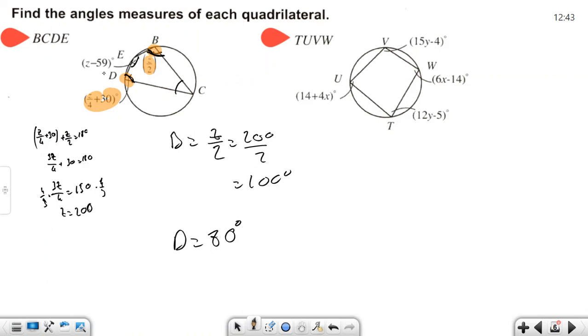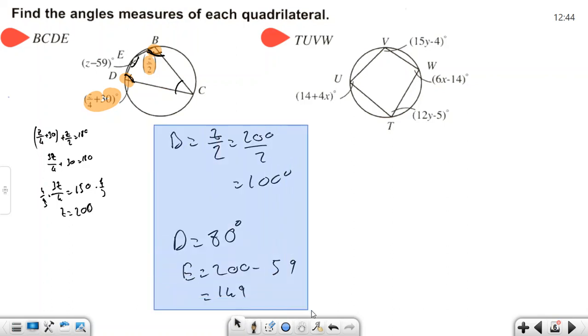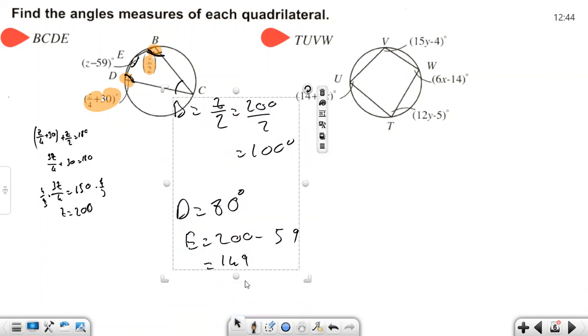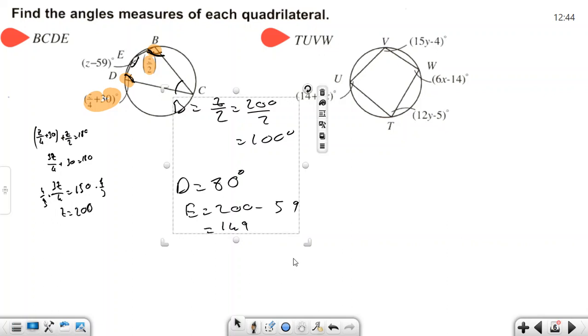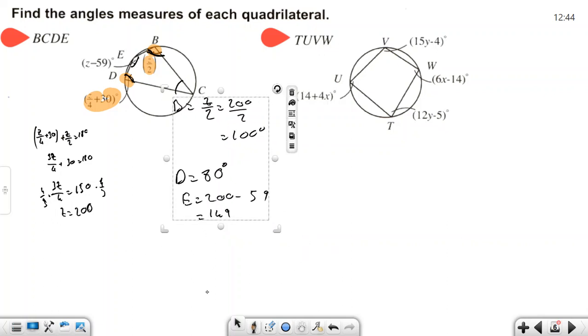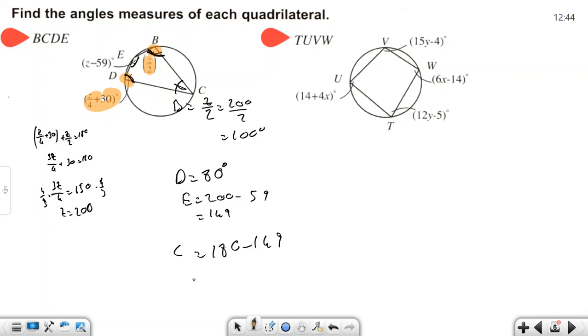What about e? E equals z minus 59. So e equal 200 minus 59. That's equal 149. And to calculate c, c equal 180 minus 149, because c and e together 180.